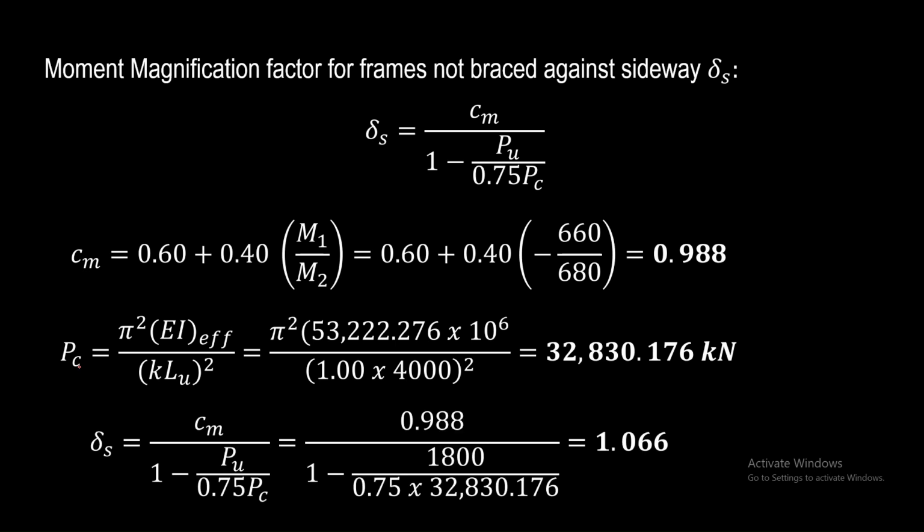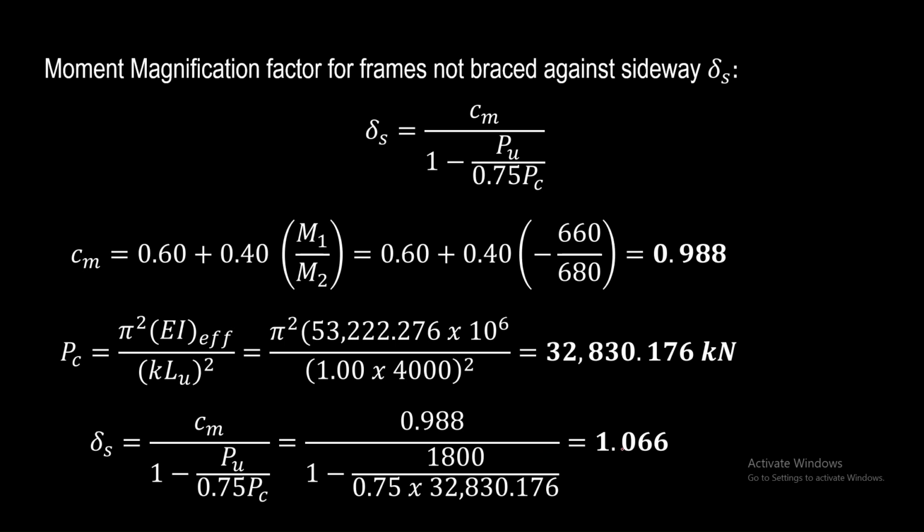After we compute the value of Cm and Pc, and since Pu is already given, we substitute these values to this equation: Cm over 1 minus Pu over 0.75 Pc. We have a moment magnification factor of 1.066.